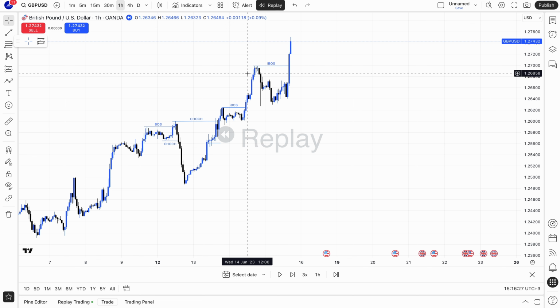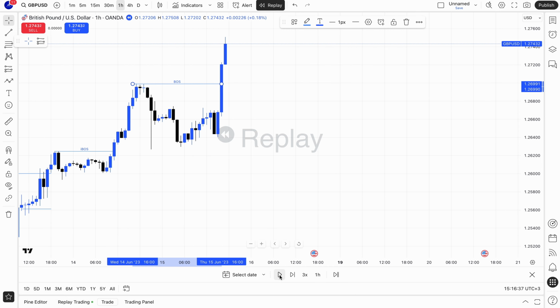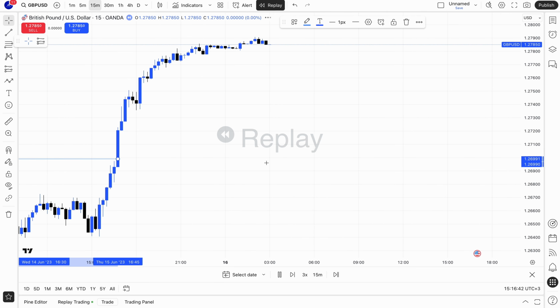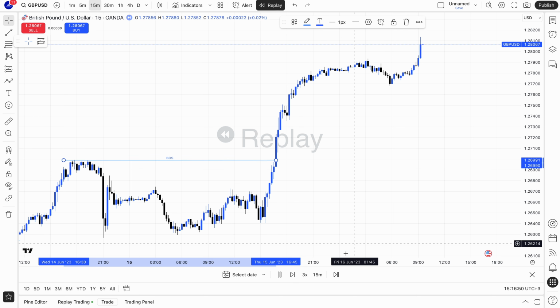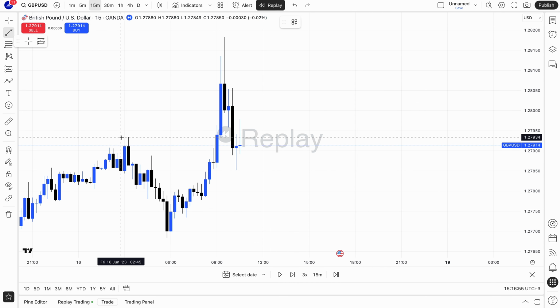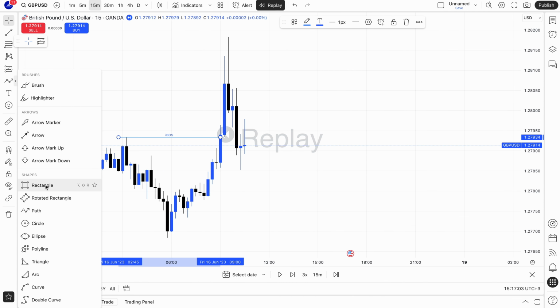Yeah, one candle. Yeah, this is the break of structure. External. Break of structure to the upside.